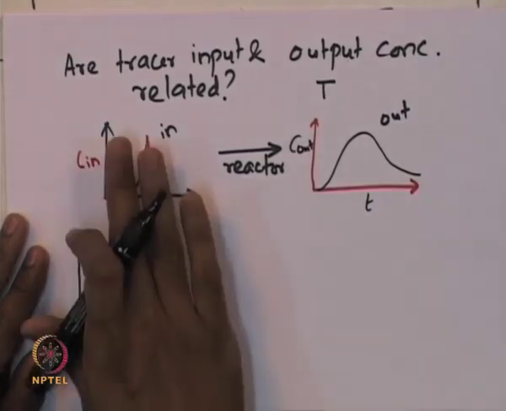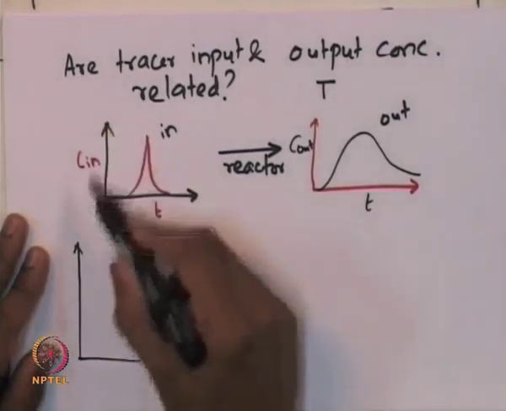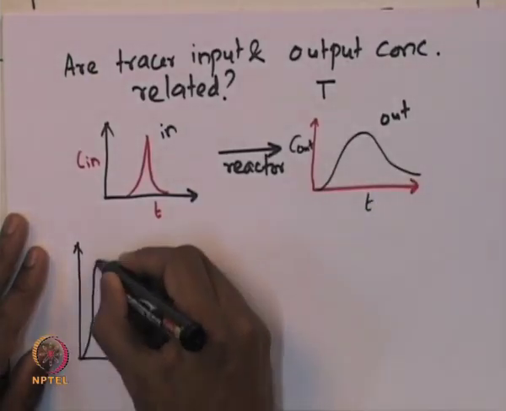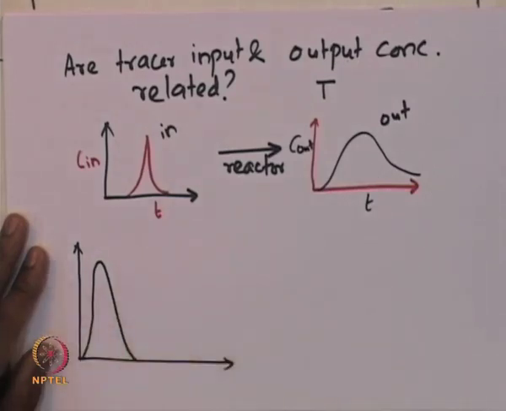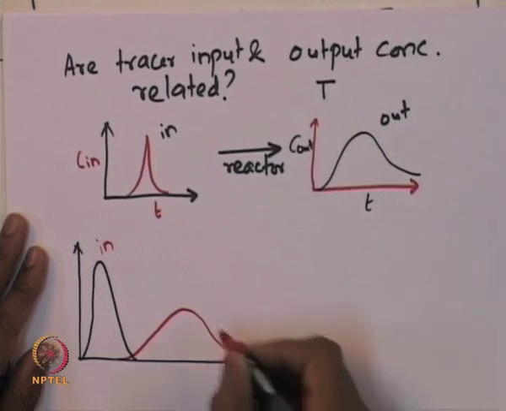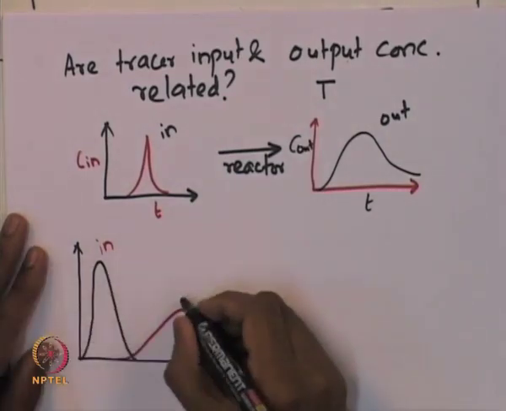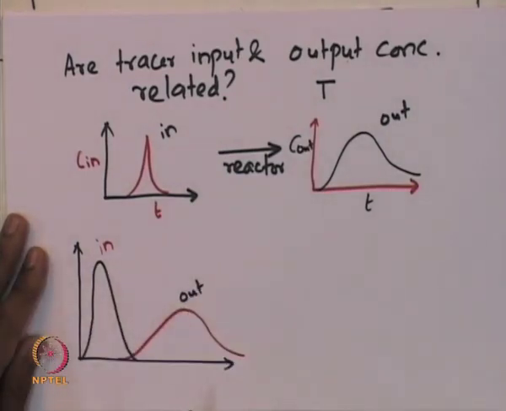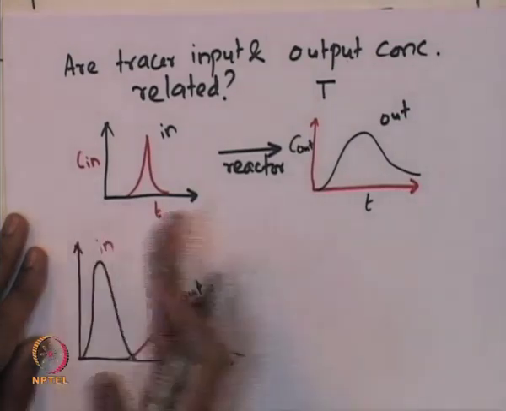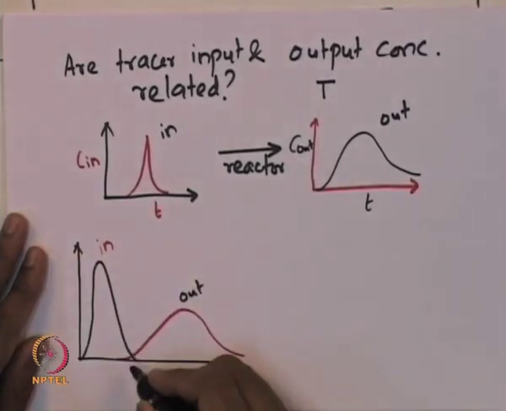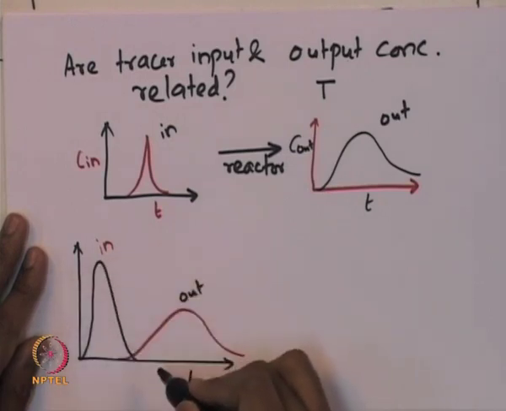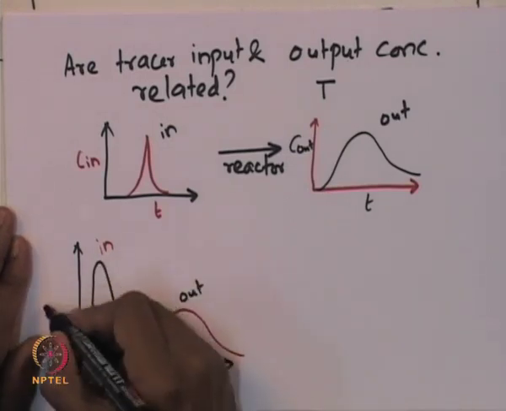The objective is to find the connection between this concentration profile and this concentration profile. Suppose I place them in the same graph, and that is my input stream, and the corresponding output stream is this. Now, I can write a material balance to find the relationship between the concentration of the species coming out of the reactor at a certain time, and the concentration of the tracer at the inlet.